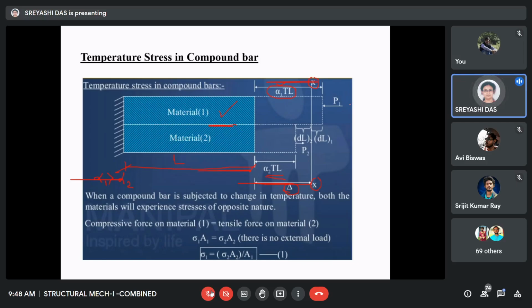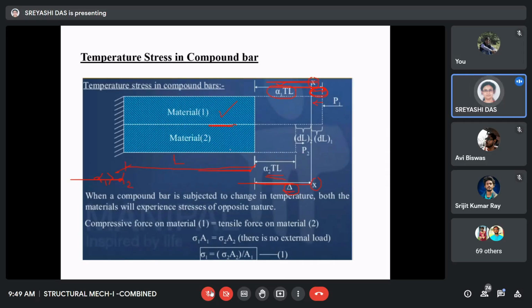For material 1, what is the type of stress produced? Material 1 is trying to expand up to alpha 1 TL, but the net elongation is only delta. So that means there is a net squeezing, basically. A net change in length occurs up to this part. So material 1 is subjected to a compressive stress.